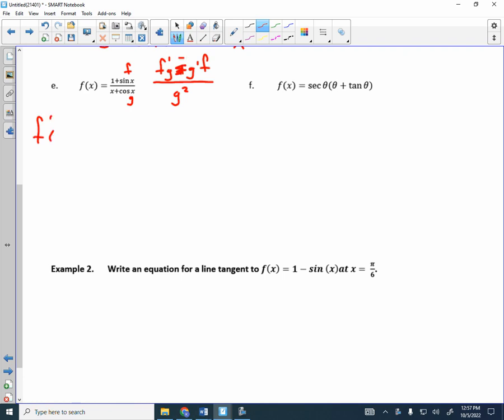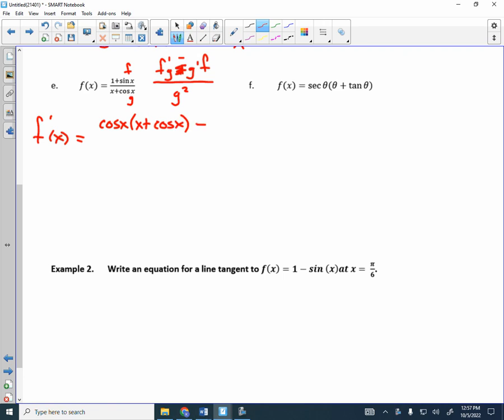So I have f prime of x is equal to, what's the derivative of the top? Cosine of x, times what? x plus cosine of x.